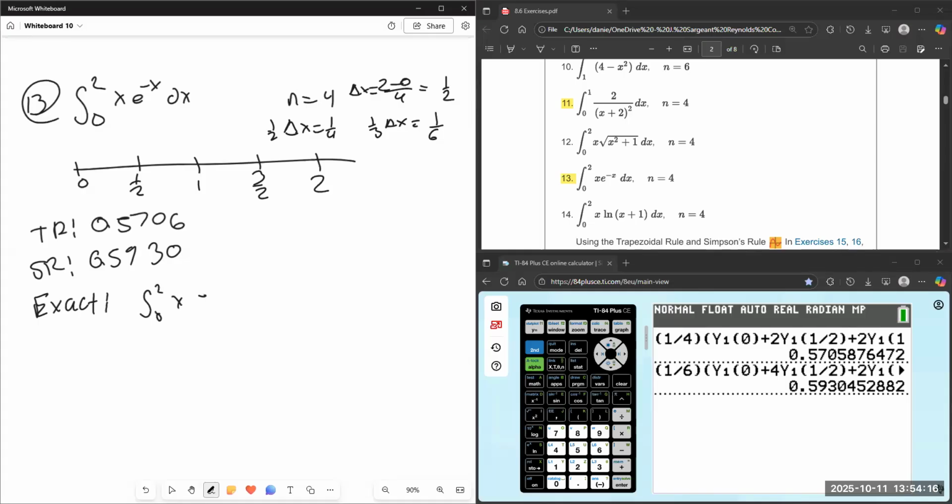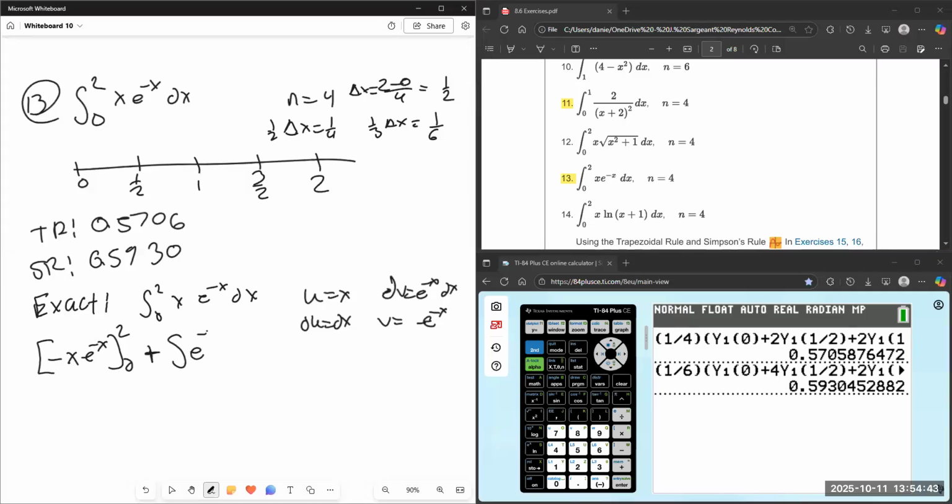The integral from 0 to 2 of x e to the negative x dx will require integration by parts. u equal to x, dv equal to e to the negative x dx, du is dx, v is a negative e to the negative x. So uv is a negative x e to the negative x, evaluated from 0 to 2, minus the integral of v, which is a negative e to the negative x dx from 0 to 2. So this is a negative 2 e to the negative 2, minus a negative is plus, that's going to be 0.